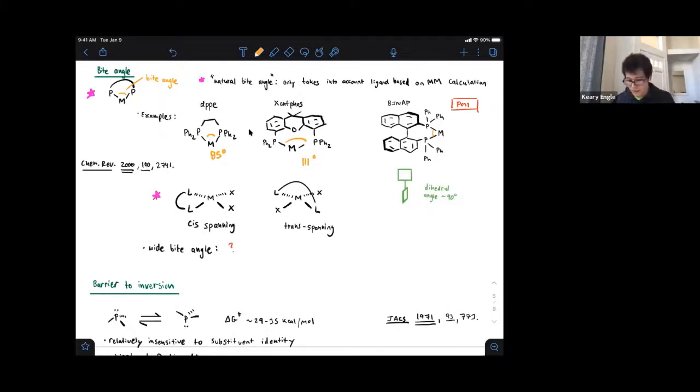This is not necessarily obvious just from looking at it as drawn, because BINAP, as I've tried to represent here, has this really intense dihedral angle. You really need to look at this in three dimensions. It basically sits like this, so that the natural bite angle ends up in the middle here at 92 degrees.